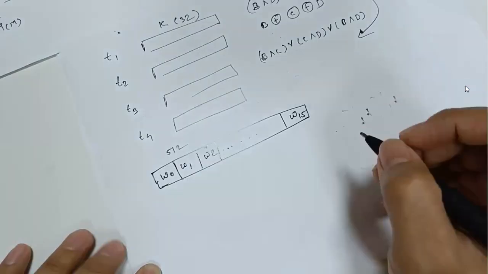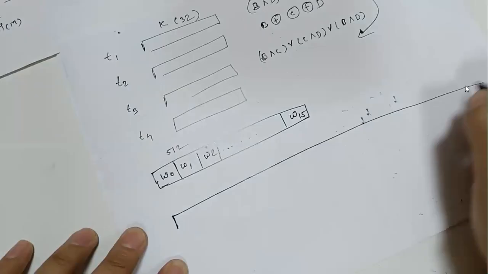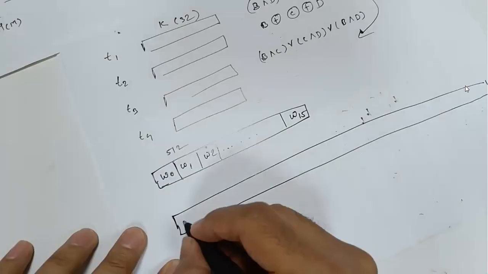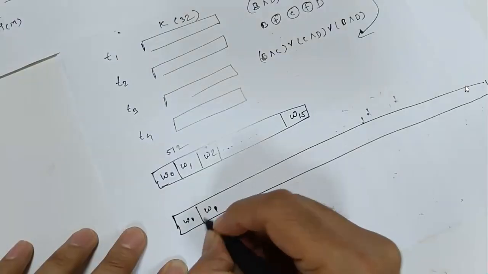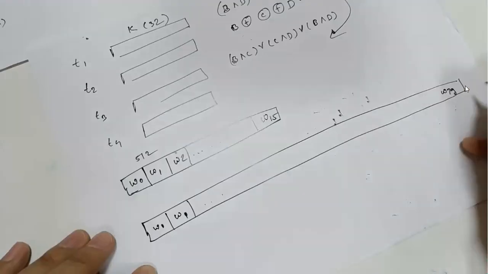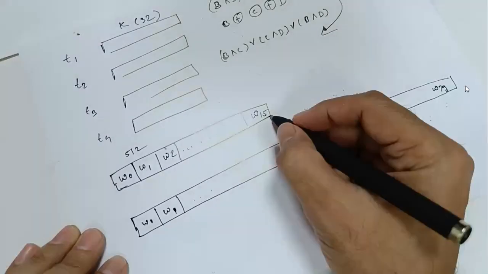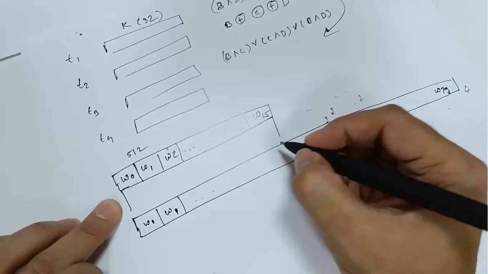What we have to do is prepare W0, W1 till W79, right? So for the first 16 rounds, all these are copied as they are.